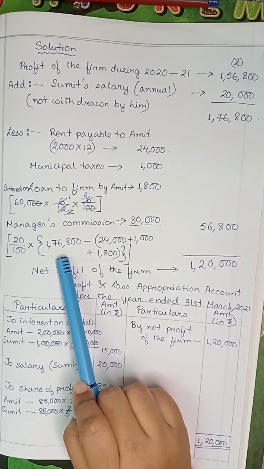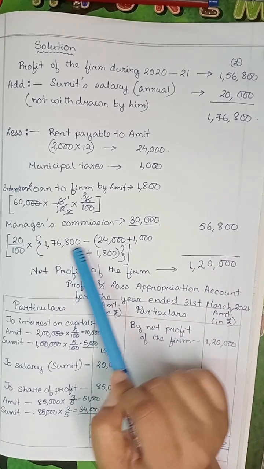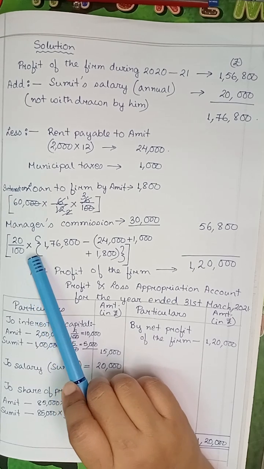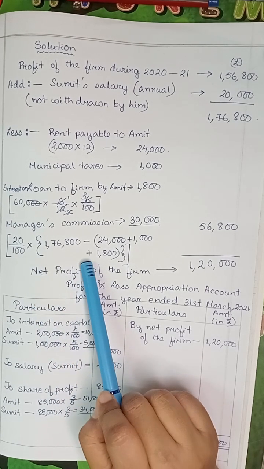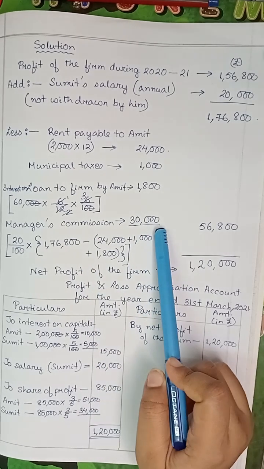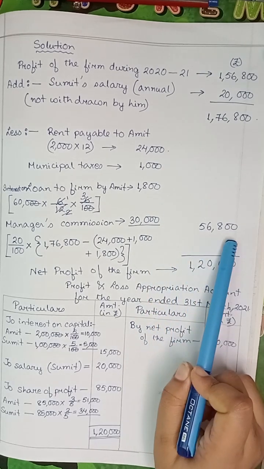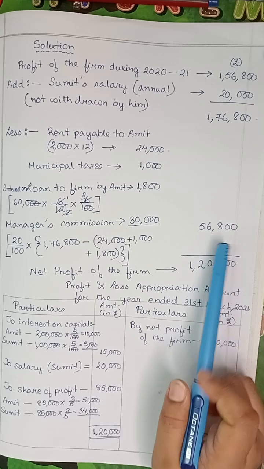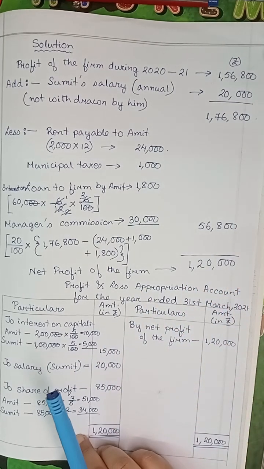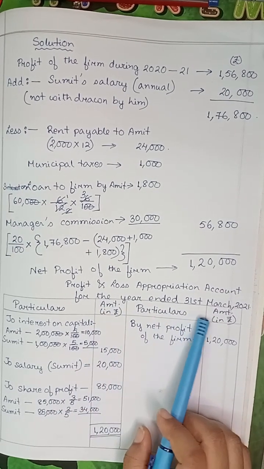When you deduct these three expenses from the profit and take out 20% of this, you will get 30,000. That is the manager's commission. Now you add all four items, put them here, and take out the net profit, which is 1,20,000.